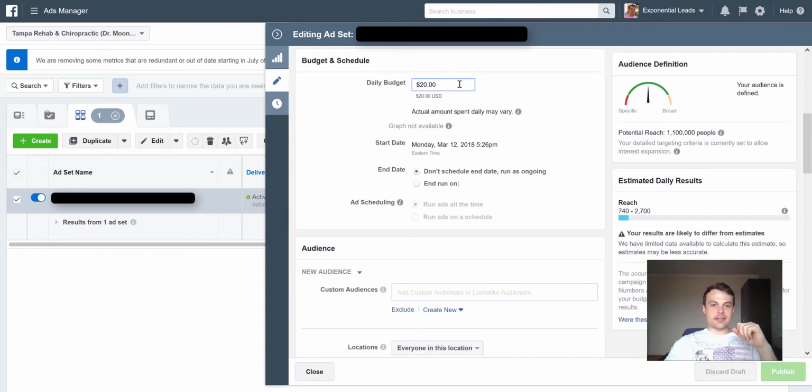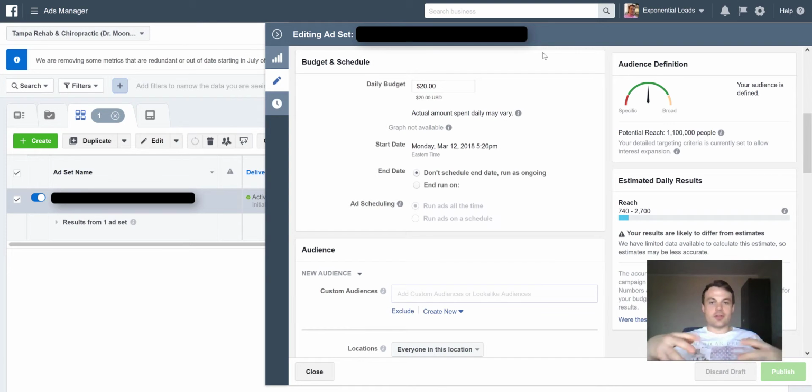Well, I would duplicate this ad set 4 more times, and that would give me 5 ad sets, each with the same ad in my campaign, and they would be spending $100 a day. This has been shown to generate cheaper leads and more leads in the cases I've tested them. So it's the one I like to use most often.